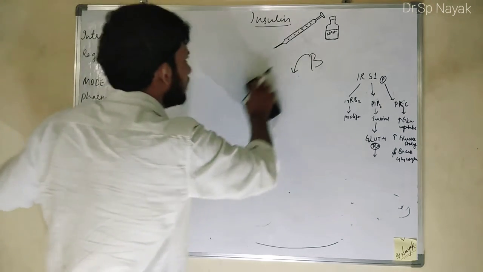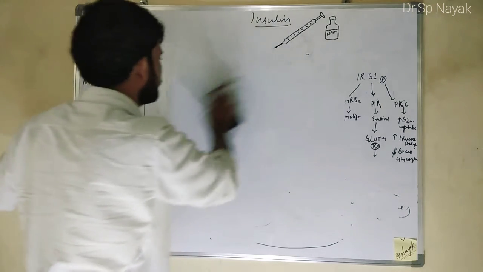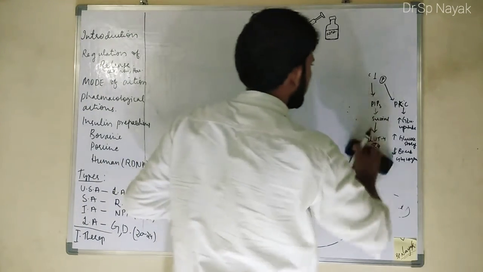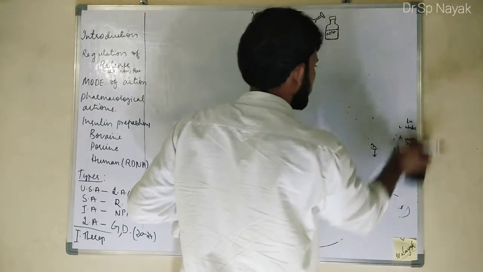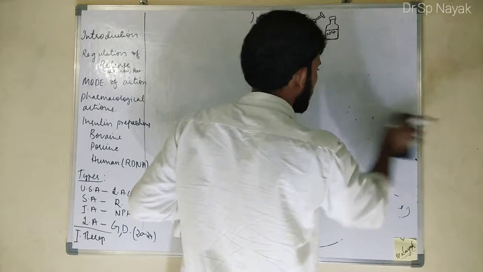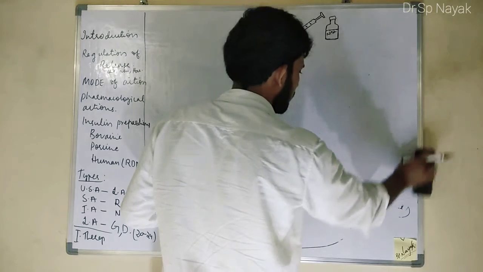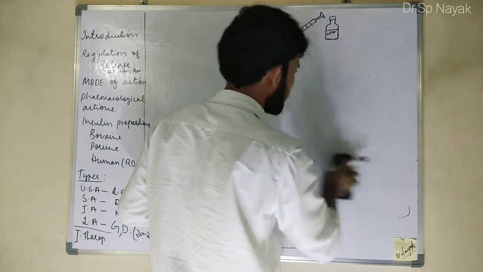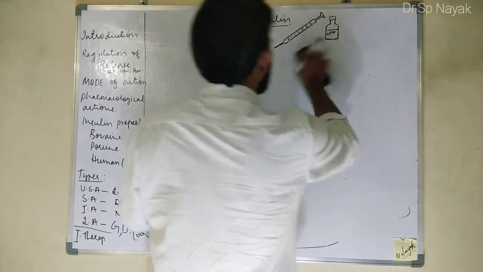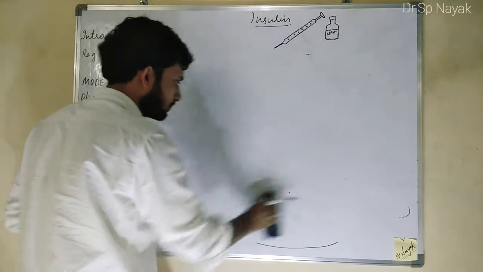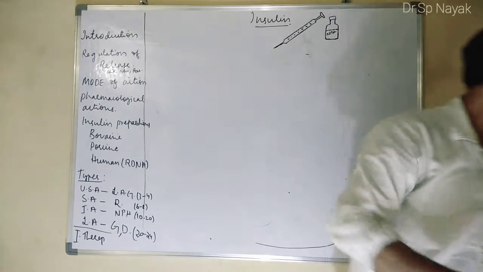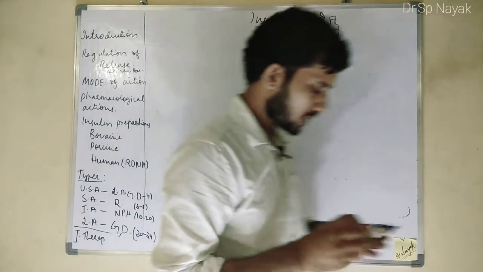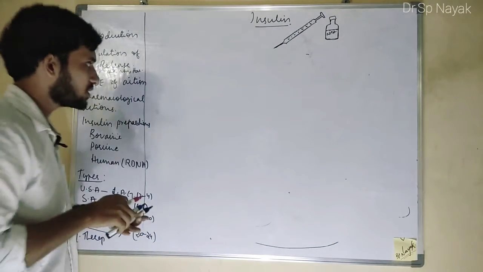Generally, insulin is given in type 1 patients. However, type 2 patients also receive insulin, especially in emergency conditions. Mostly type 1 patients receive insulin.